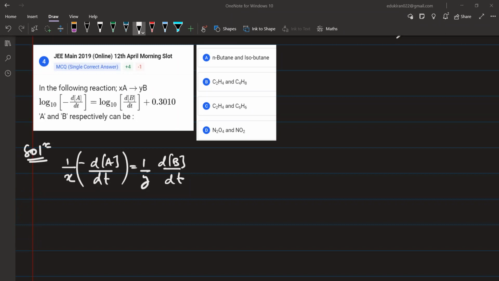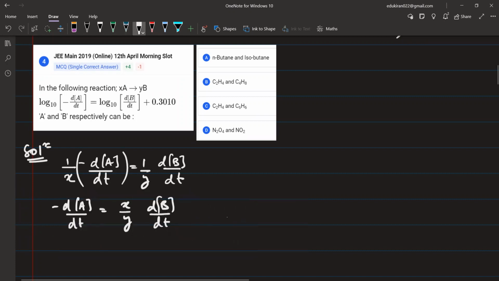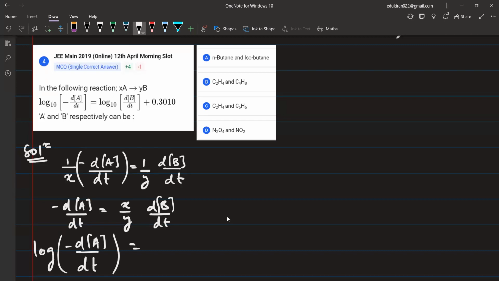Now write it like this: minus dA upon dt will be equal to x upon y dB upon dt. Now take log on both sides. You will get log of minus dA upon dt is equal to log of x upon y plus log of dB upon dt.